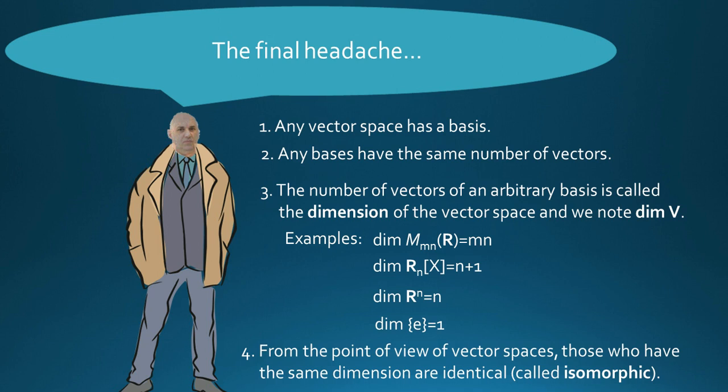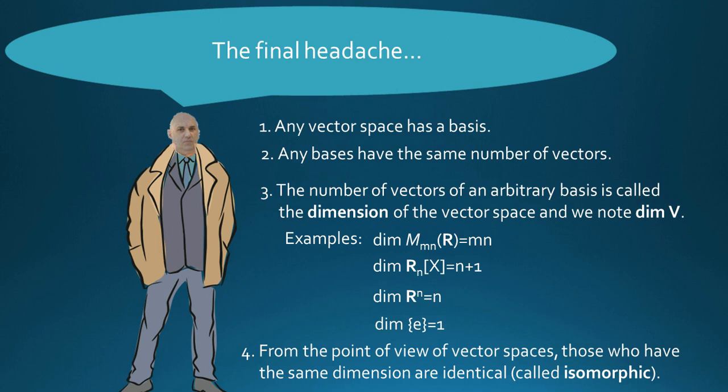The dimension of matrices with m rows and n columns over R equals m multiplied by n. The dimension of R_n[x], the space of polynomials with degree less than or equal to n, is n plus 1. The dimension of R^n equals n. The dimension of the trivial space equals 0.